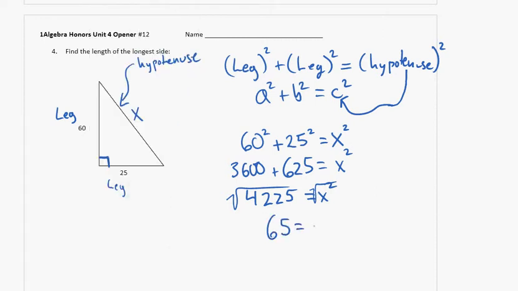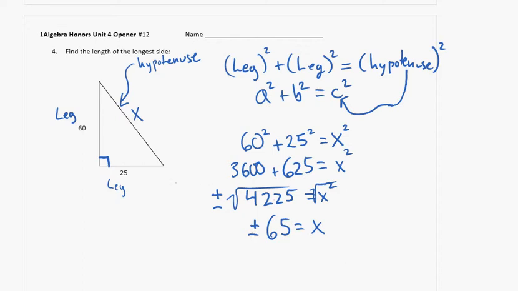Now, if you've watched some of the other videos, and I'm thinking about openers 8, 9, and 10 here, you're thinking to yourself right now, well, Mr. Michelson, you need to put that plus minus in front of the 65 because you square rooted both sides, and that means you could have gotten a positive 65 or a negative 65. And strictly speaking, you're correct.